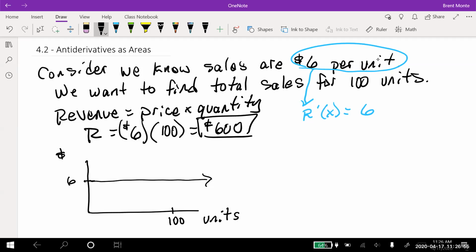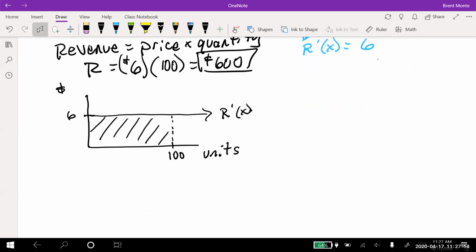That's $6. That's my derivative of revenue. That's R prime of X. And then if I just go to where I have 100 units, and I find this area right down here, notice that area, let's move this up a little bit. The area, that's just a rectangle.